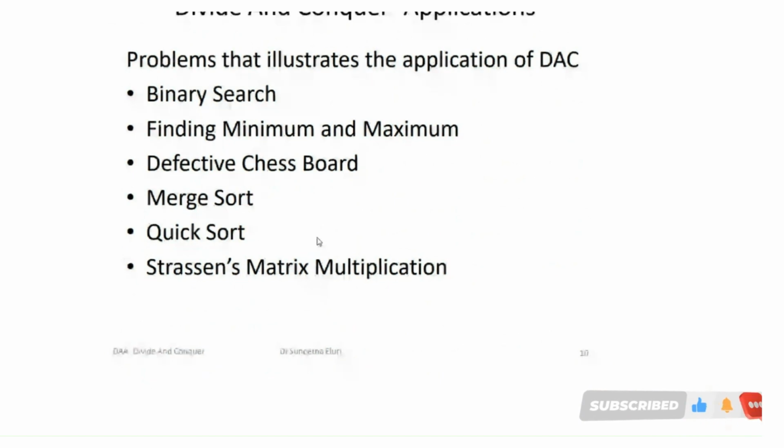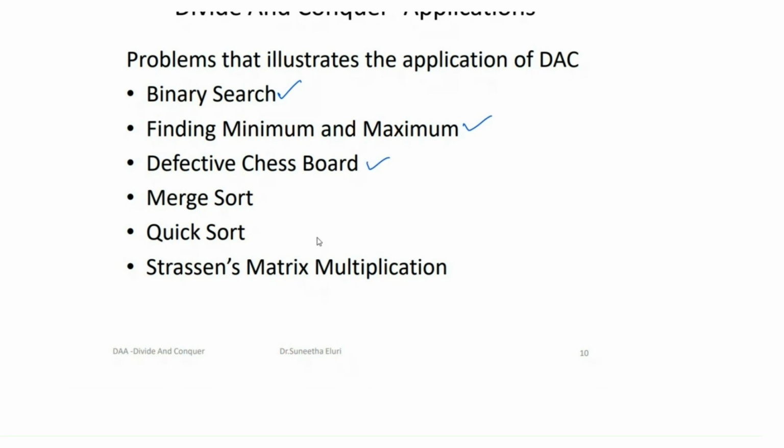The first problem which is illustrated is binary search, and the other one is finding the minimum and maximum value in a given array, and finding out the defective cell in the chessboard, and two sorting algorithms called external sorting and internal sorting.